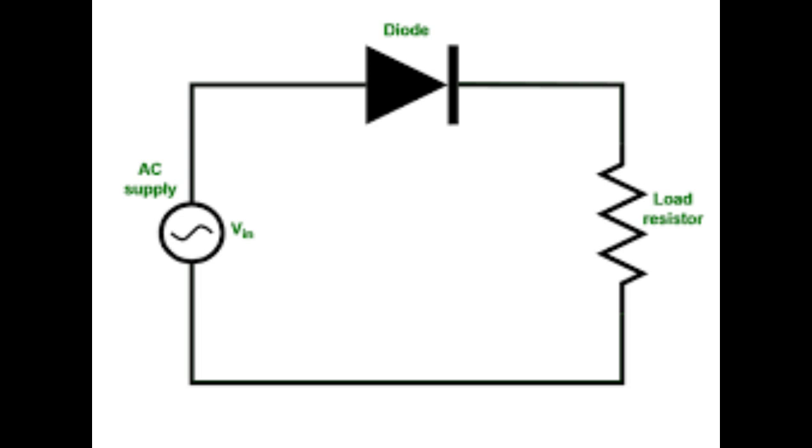The output voltage for the half-wave rectifier is a series of positive pulses separated by gaps of zero voltage, where the negative half cycle is blocked. This is pulsating DC, not smooth DC.